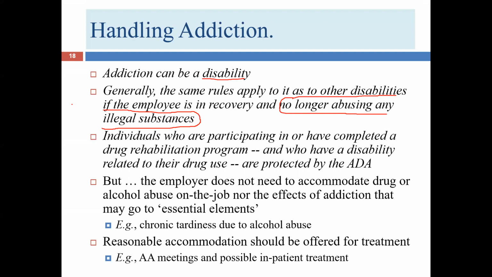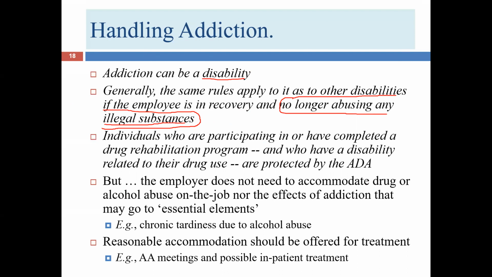Now let's talk about the issue of alcoholism. Alcohol is obviously a legal substance for people who are over the age of 21, and so the illegal aspect isn't in play here. A person who is still abusing alcohol and is an alcoholic can have the protections of the Americans with Disabilities Act.